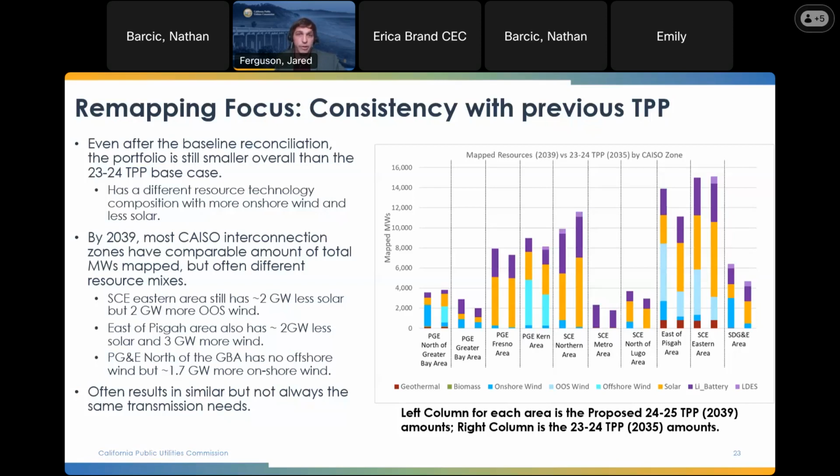Those kinds of differences will often result in the same or similar transmission needs, but not always the exact same transmission needs. So as we go through remapping, we're trying to assess what the transmission implications of the portfolio changes are. Next slide.